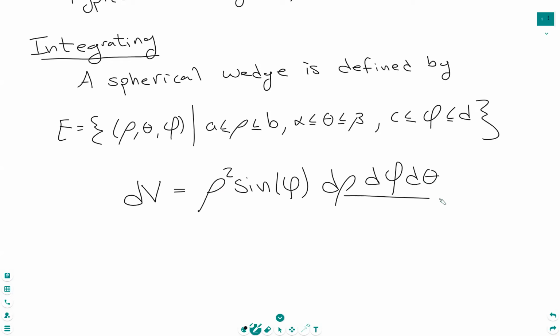They all show up. But the thing to note here is that we have this extra term. Don't forget. Just like in cylindrical coordinates where we had that extra r that showed up, in spherical coordinates we get this extra rho squared sine phi.